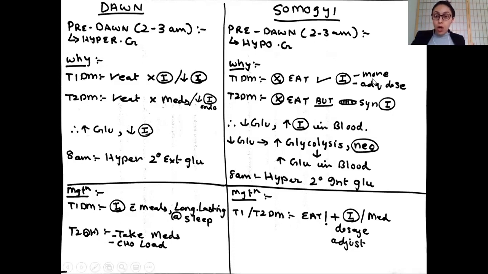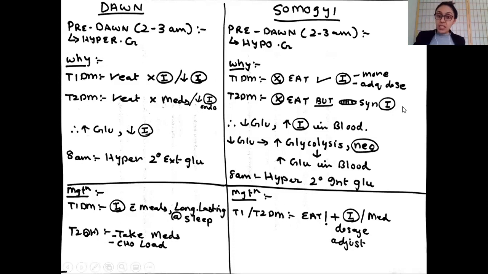Over here, it's the opposite. More insulin, but less food. And in a type 2 individual, what happened? You may have skipped a meal, or did not eat sufficiently, but then you have your endogenous production of insulin happening, and plus maybe you have even taken your oral hypoglycemic agent, which I have not written over here.